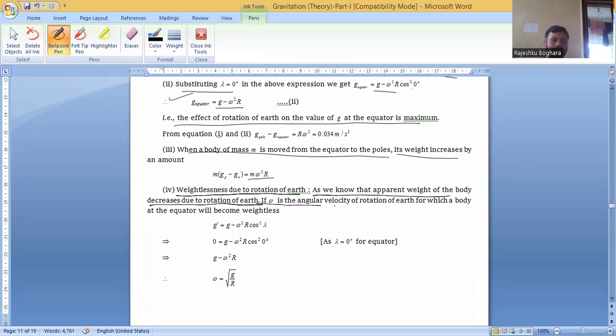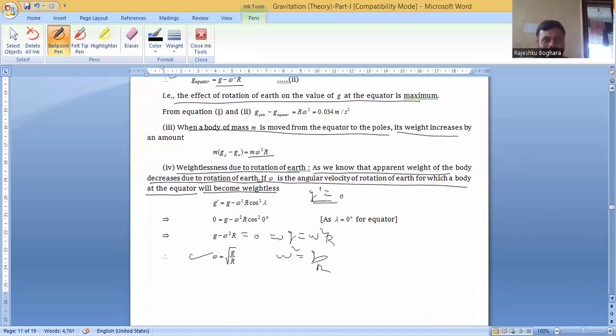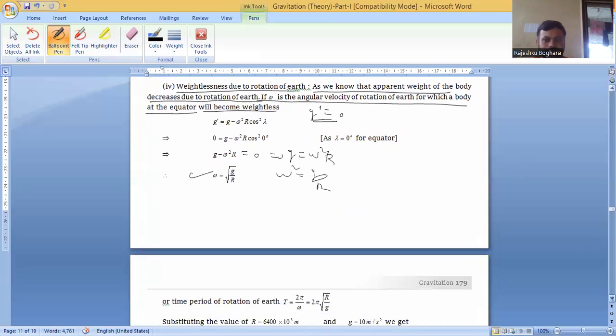If omega is the angular velocity of rotation of the earth for which a body at equator will become weightless, means g dash is 0, effective gravitation 0, weightless, तो we take g dash 0, so g minus omega square r cos square 0, equator, this is 1, then g minus omega square r is equal to 0, then g equal to omega square r, therefore omega square equal to g by r, then omega equal to under root g by r.